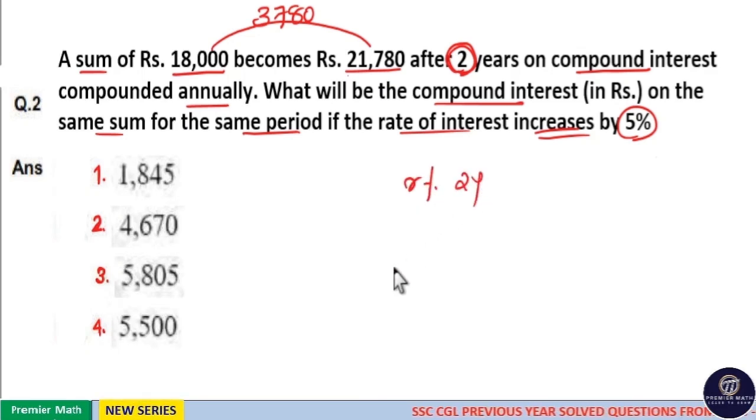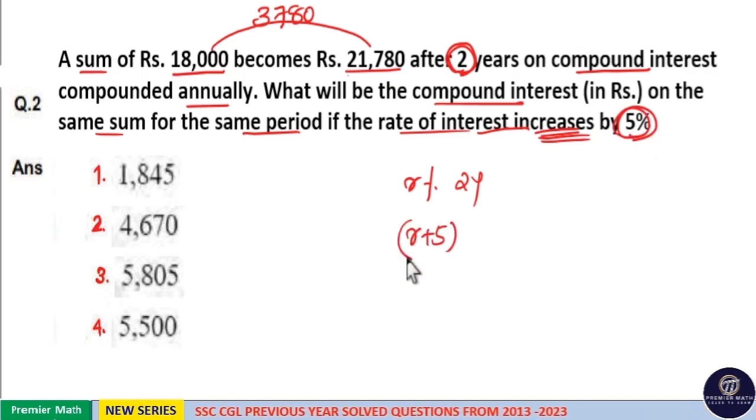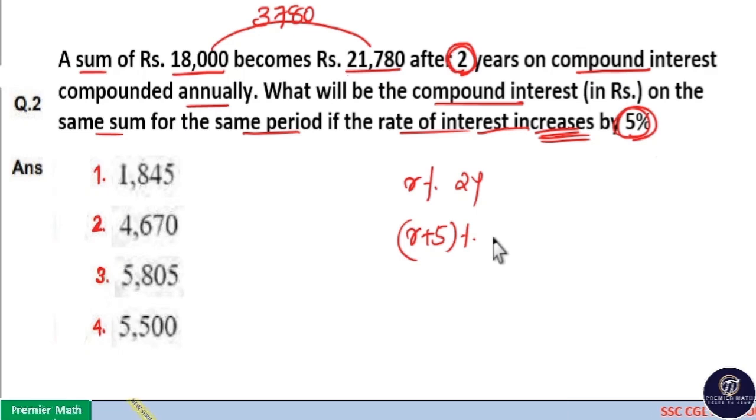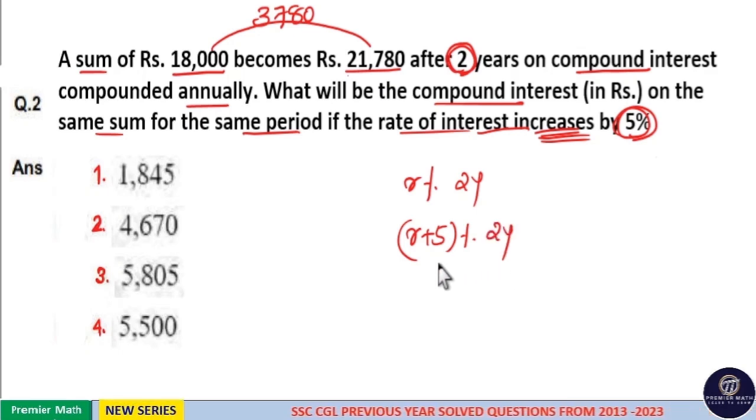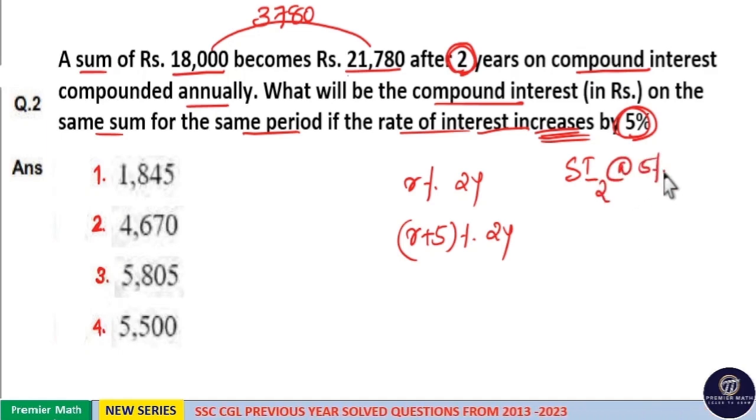So this is for 2 years. Now the interest increases by 5%. So we need to find out what is the compound interest generated at the rate of R plus 5% for 2 years. Instead of this, I'll calculate simple interest for 2 years at the rate of 5%. Now, for 1 year it is 5%, for 2 years it is 10%. So 10% of 18,000 is 1800.